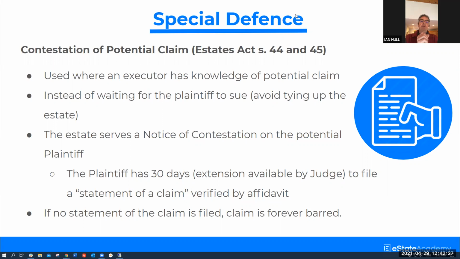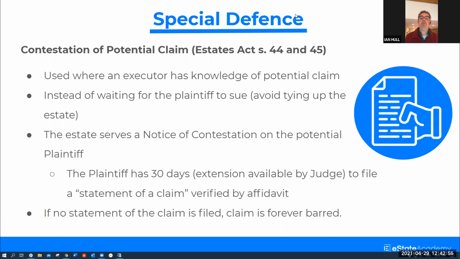and you've got ultimate protection because, for example, it's a limitation that is severely imposed, and that is that after the periods of time for the filings of the steps to be taken, if no claim is brought, if you say I'm testing your claim as executor by sending out the appropriate notice of contestation, and the plaintiff has 30 days to respond, and if no statement of claim is made, then they're forever barred.